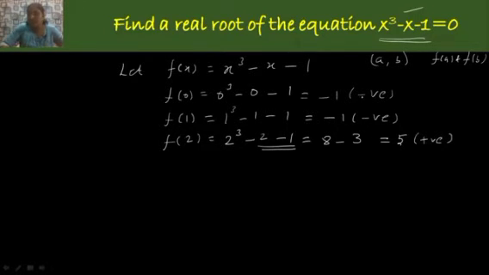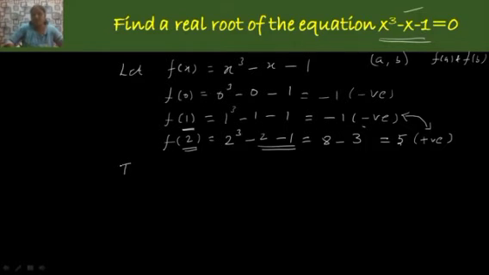So initially we get a negative value, then we get a negative value, and here we get a positive value. If there is a change of sign, which means the root of the equation lies in this interval, that is in this interval 1 and 2. These are the values of a and b for which f of a, that is f of 1, and f of 2 are of opposite signs.